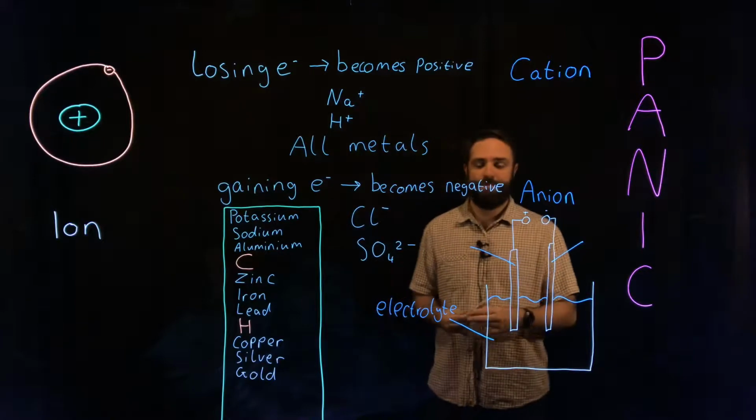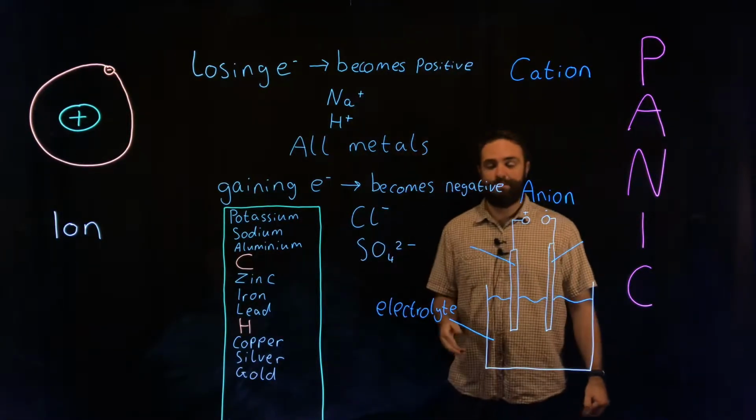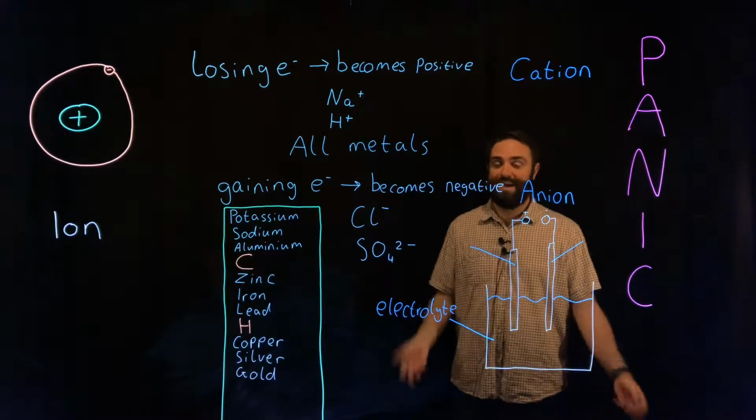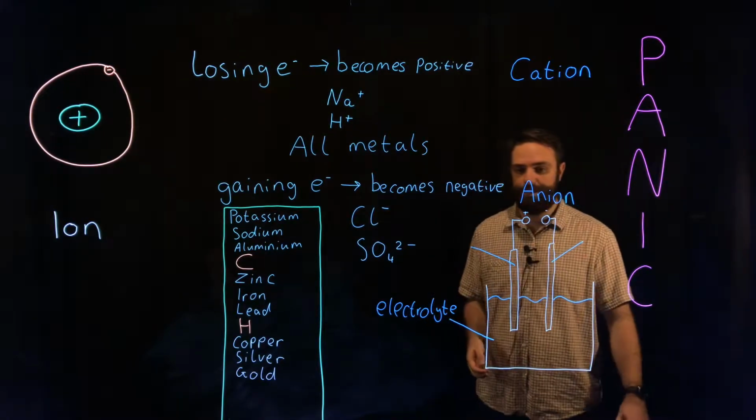Your electrolyte must be an ionic substance, and it must be in the liquid state. So you can either melt it, but that takes a lot of energy, or you can dissolve it in water, which is what is usually done.